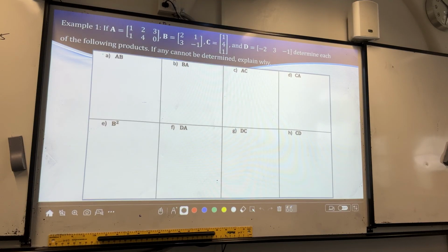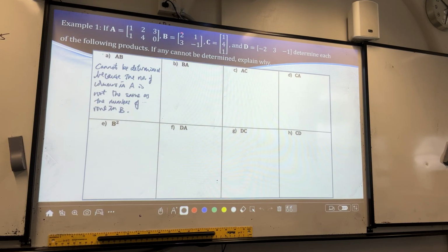Alright, have a look at my answers. Which ones cannot be determined? There are a few. AB cannot be determined because A is 2 by 3 and B is 2 by 2; 2 by 3 times 2 by 2 doesn't work.